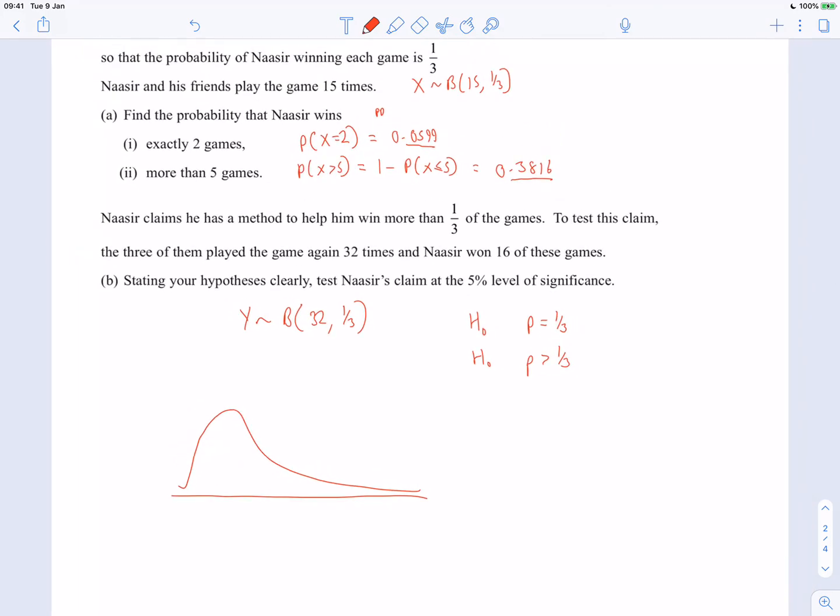And I want to find, at the 5% significance level, where I drop that bar down so that here is 5%. So using my Casio CG50, I'm going to do the inverse binomial. And I want the upper 5%, so I want the area to be 0.95, and number of trials 15.